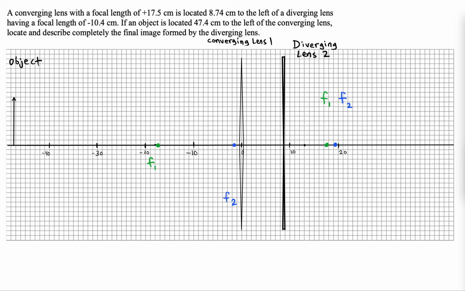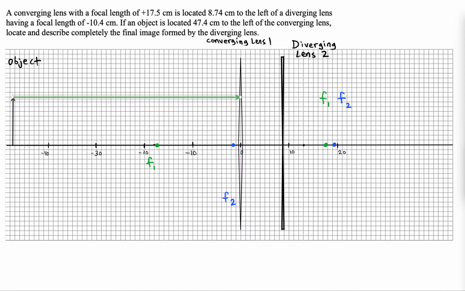Okay, let's draw some rays. One of the first rays to try here would just be the parallel ray, parallel with the principal axis.